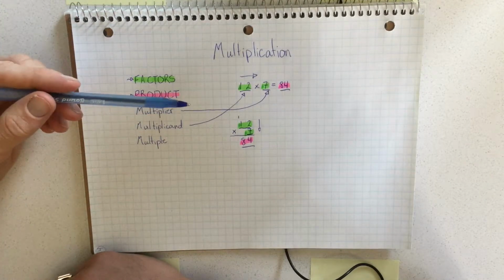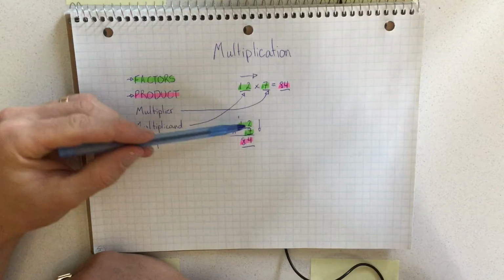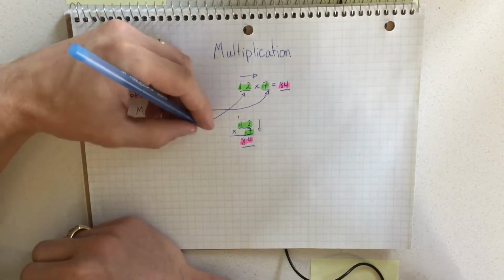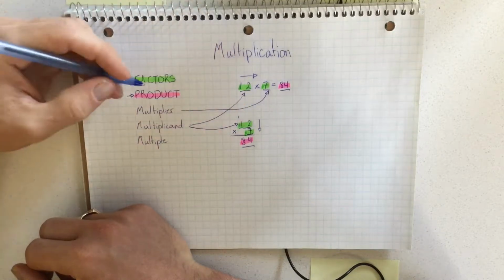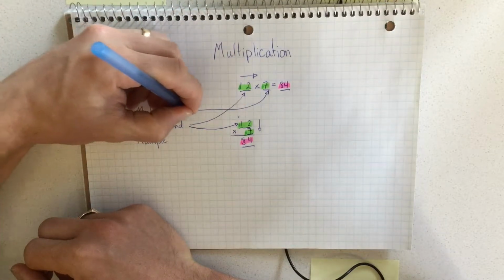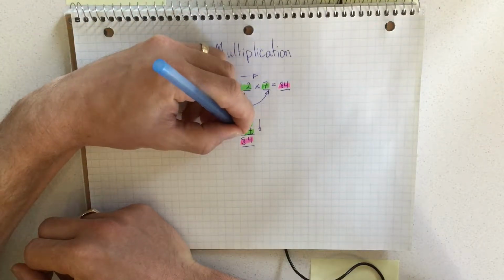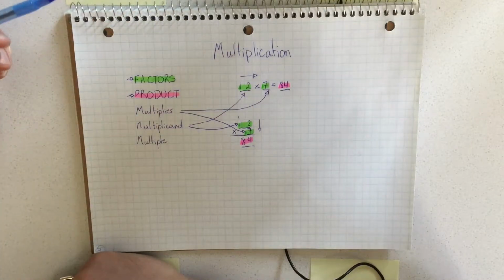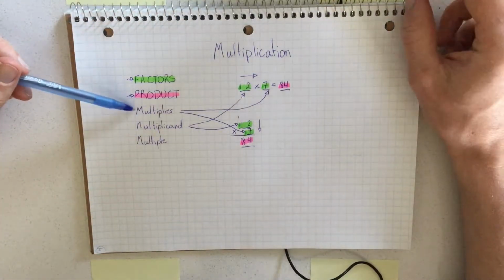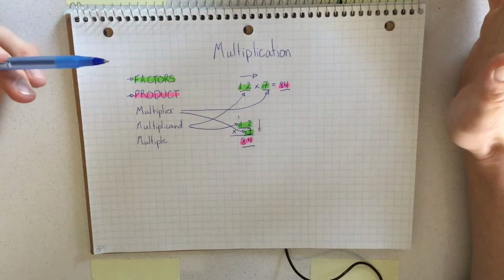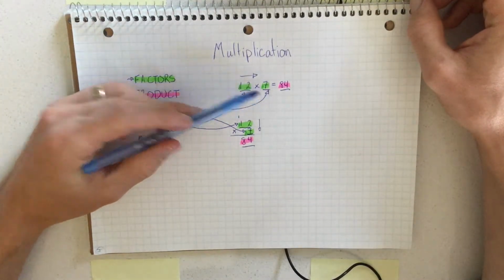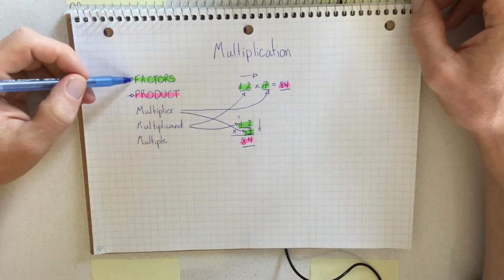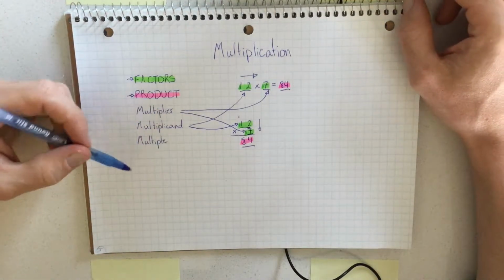When you're looking at a vertical problem, the multiplicand is the top factor. The multiplier is the bottom factor. So multiplicand and multiplier effectively are the words that describe either of the factors in a problem.